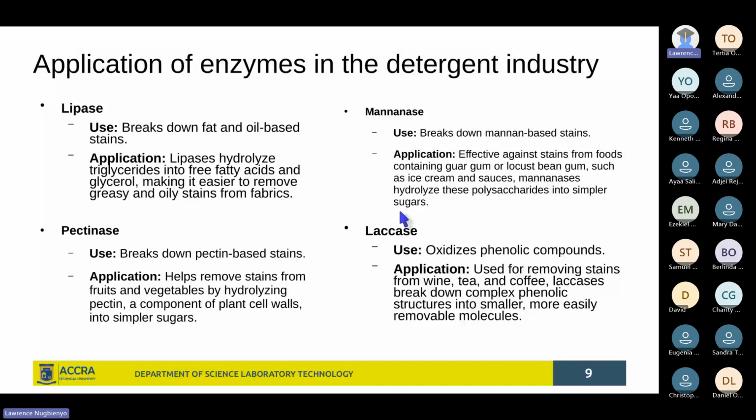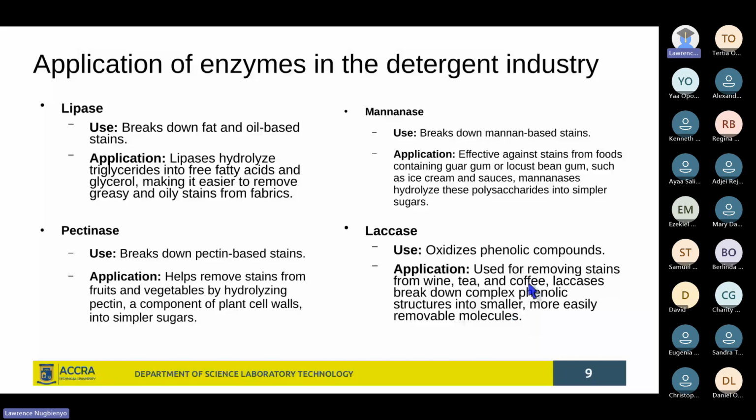And here we see it because it can oxidize phenols. We have a lot of phenols in products like wine, tea, coffee. So those stains that come from wine, tea, coffee, cocoa drinks, things like that, laccases, when they are infused into the detergents, help in the removal of those stains.